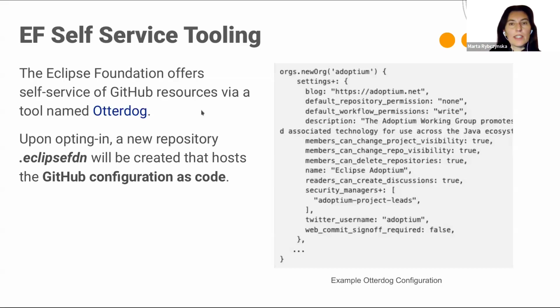If a service that is currently available only on GitHub is enabled in a project, you have the .eclipsefdn file repository in your organization. So you should know if you have it. If you don't, ask us to have it enabled.